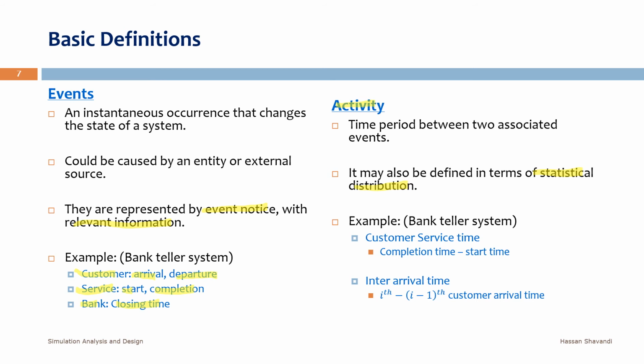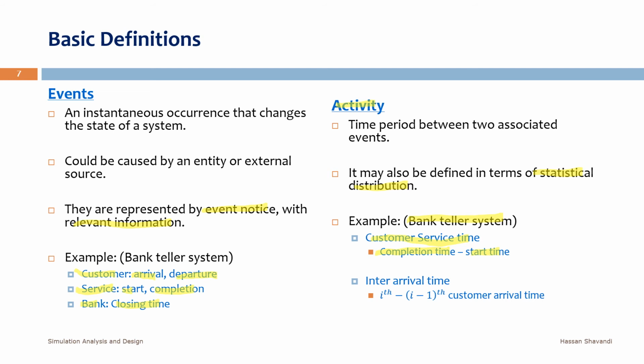For example, in the bank teller system, the customer service time. We have two events here, completion time and start time. The difference between completion time minus service start time will be the service time, right?